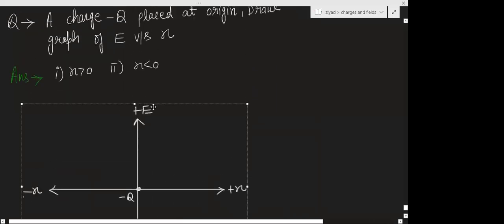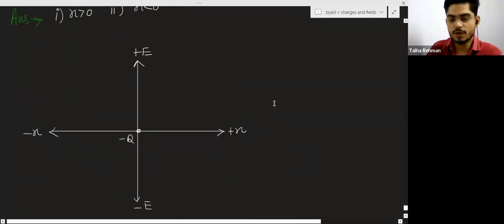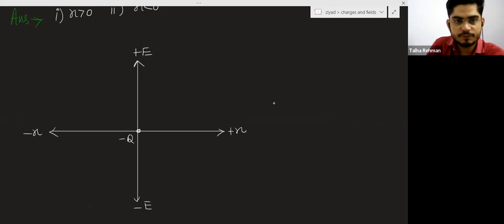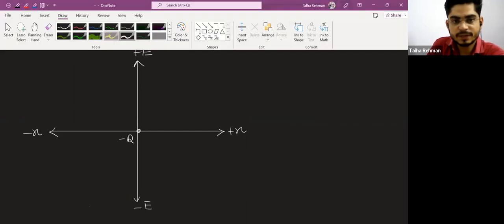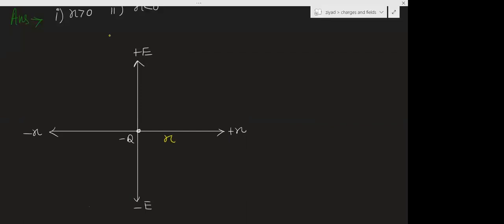So now we want to calculate the electric field for x greater than 0, means this region, and x less than 0, means this region.